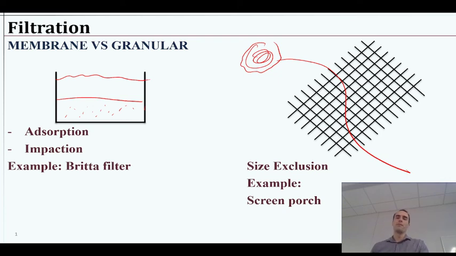That's the hope. And so as you pass the water with the particle through, the particle should then get stuck on that surface. So it's blocked from passing through. We had the same figure when we introduced granular filtration. So this is the difference. Now we are really dedicated to size exclusion as a separation process.